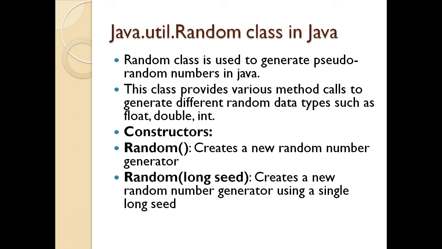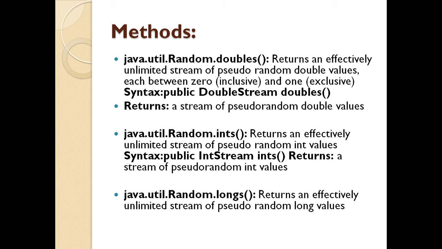Then what are the methods of the Random class? java.util is the package in Java. doubles is a method. This method will return an effectively unlimited stream of pseudo random double values, each between 0 inclusive and 1. The syntax is public DoubleStream doubles().